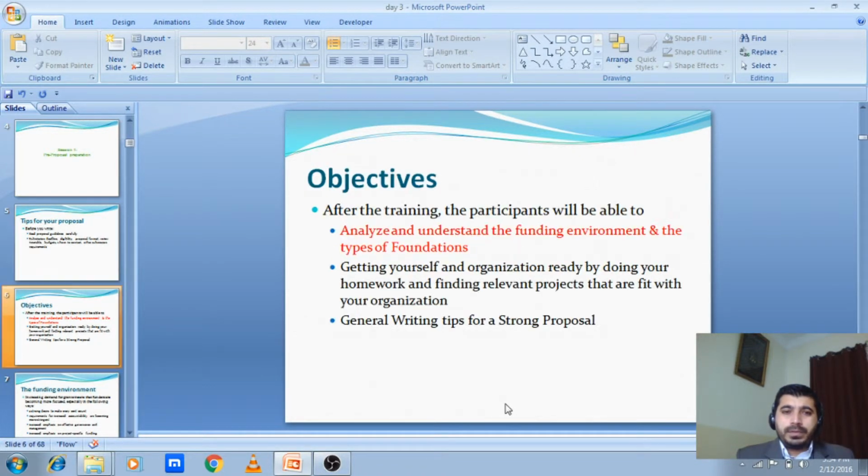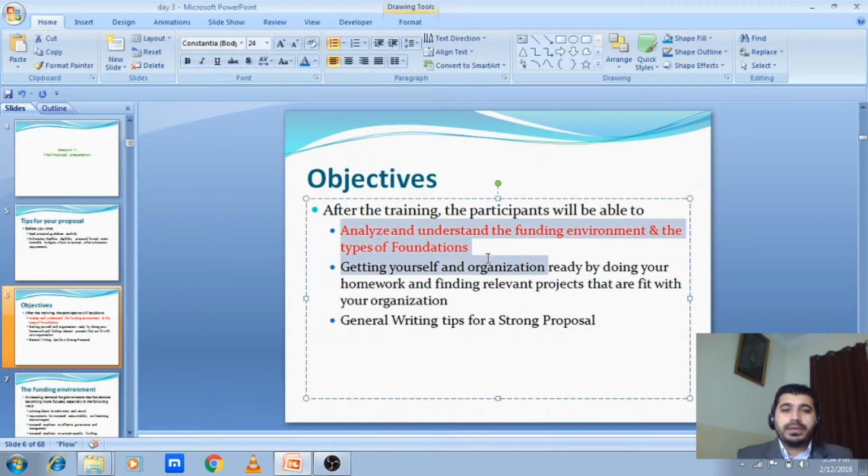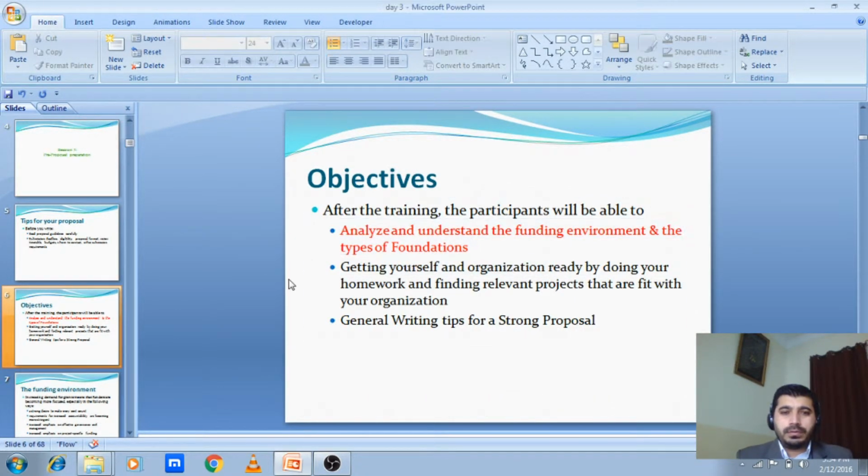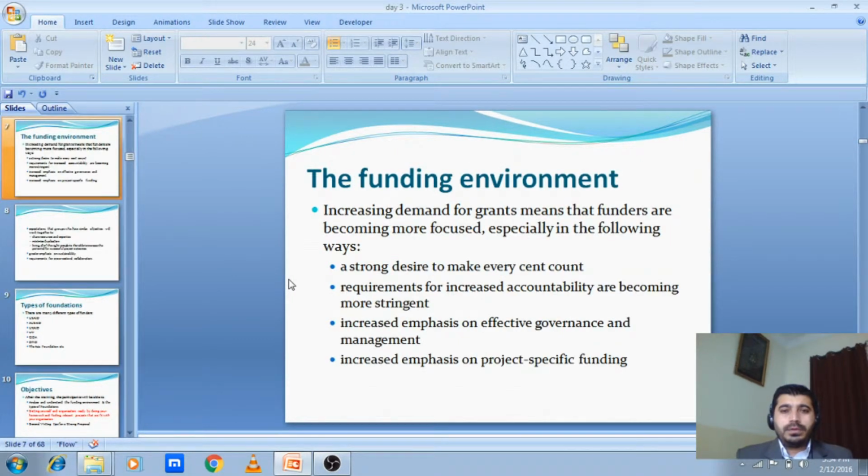Alright? Now, the first objective in session 1 is to analyze and understand the funding environment and the types of foundations. Right? Now, the funding environment.